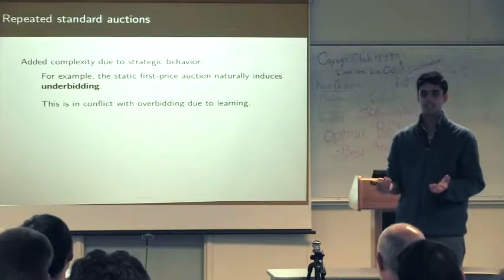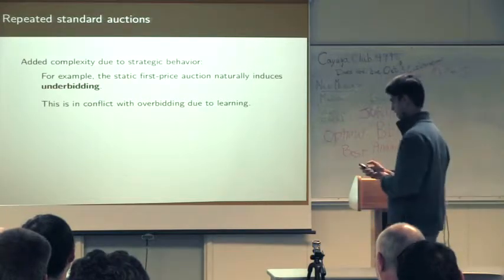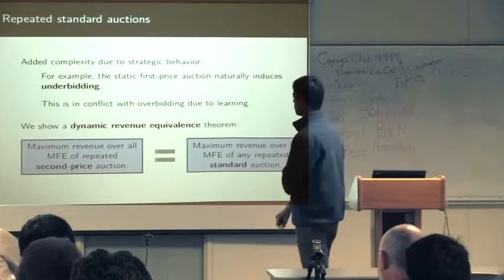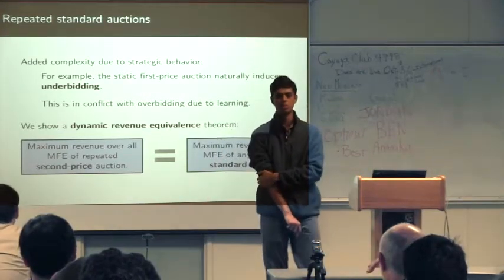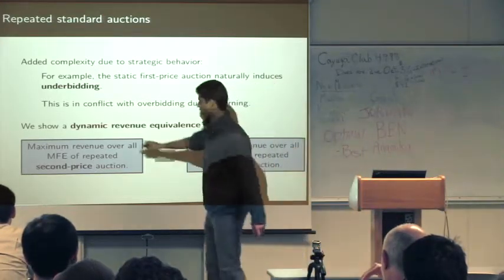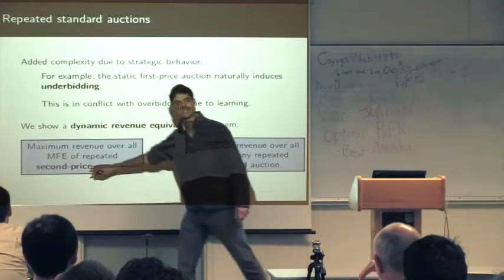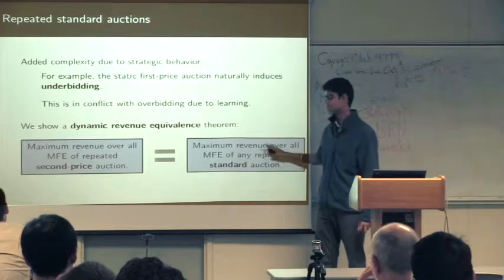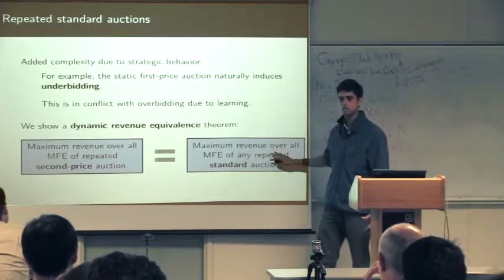So how do the agents balance between these two incentives? We show something we call a dynamic revenue equivalence theorem, and effectively we show that the maximum revenue over all mean field equilibria of a repeated second price auction market is the same as the maximum revenue over all mean field equilibria of any specific standard auction market.